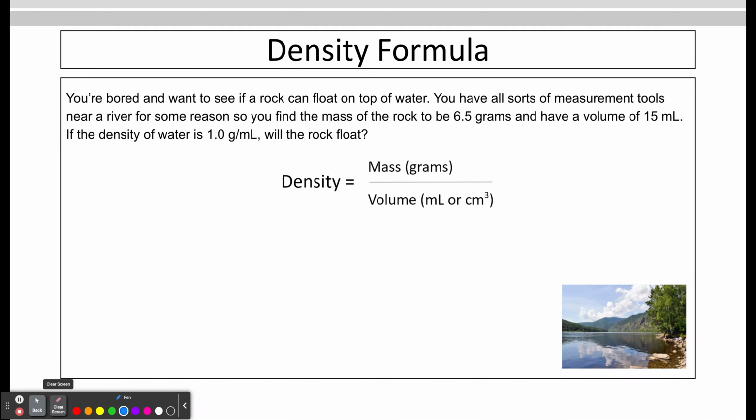The first number I come across is 6.5 grams, and grams is mass. The next number I come across is 15 milliliters, and milliliters is volume. So my mass is 6.5 and my volume is 15.